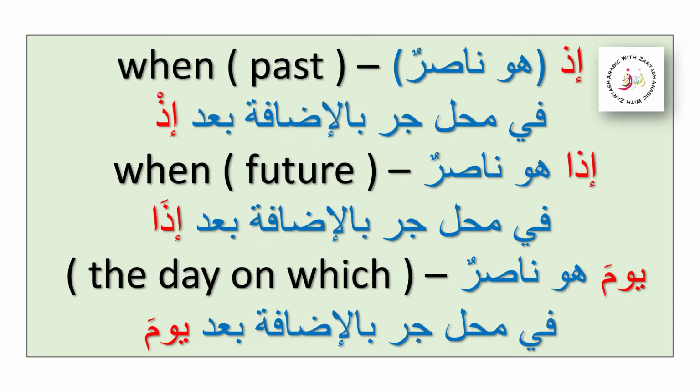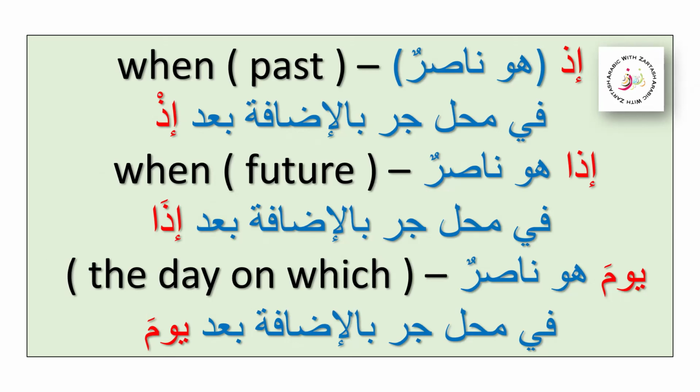And we need to remember that whatever comes after idh and yawma is all going to be fi mahalli jarr. We have been familiar with these terms: fi mahalli nasb, fi mahalli raf', fi mahalli jarr. We know that this term is used when something is in the place of something.